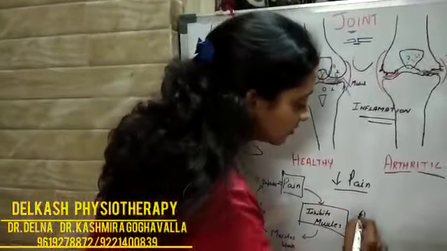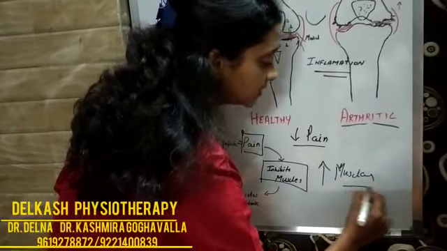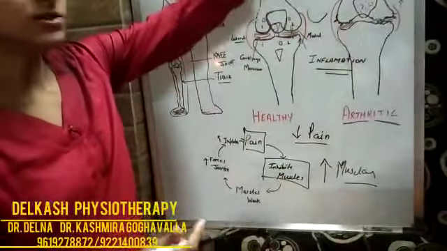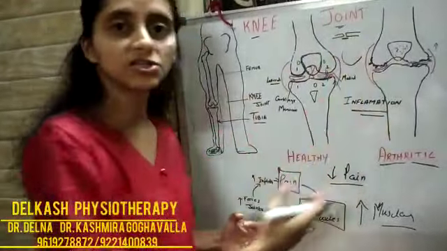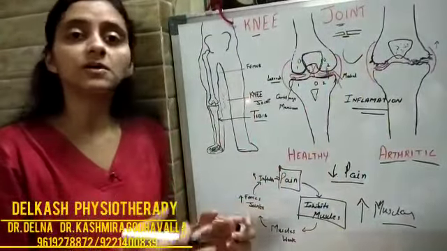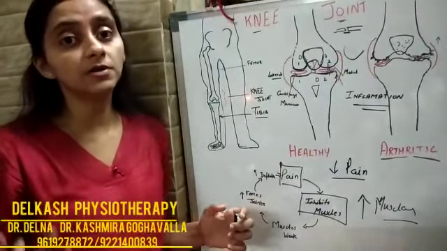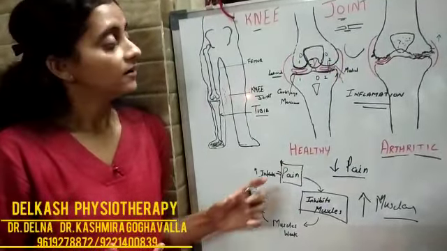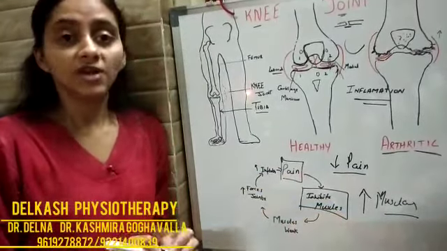When you increase the muscular strength of the knee joint, the muscles will take over the load of the body and prevent that direct pressure on the joint, thus preventing the joint from going into further degeneration. So this is a very important step in arthritis, strengthening the muscles.